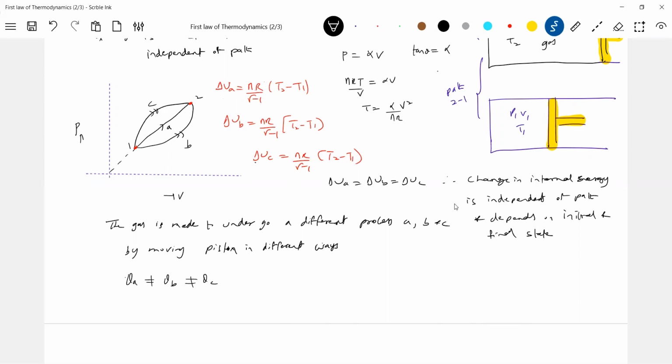So shall we say the heat exchange depends on path? Do you agree? Heat exchange means Q. Heat exchange Q depends on path.